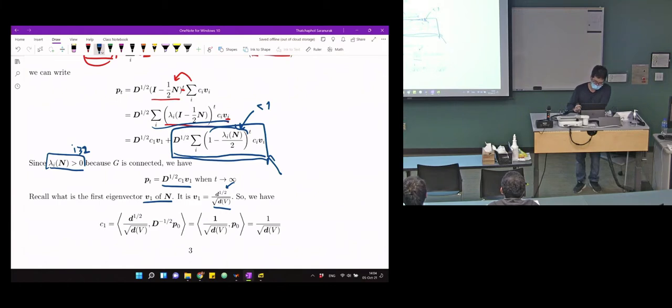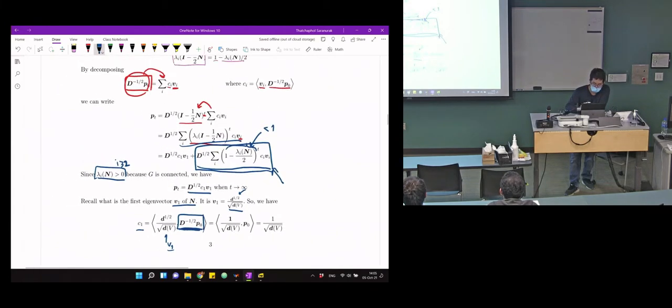So C1 is just an inner product between V1 and this vector. Just recall, we write it here. C1 is just this thing.